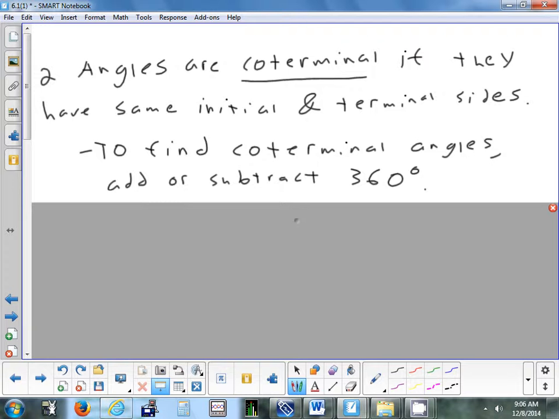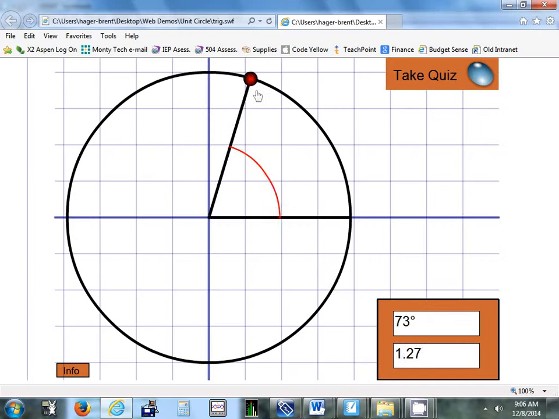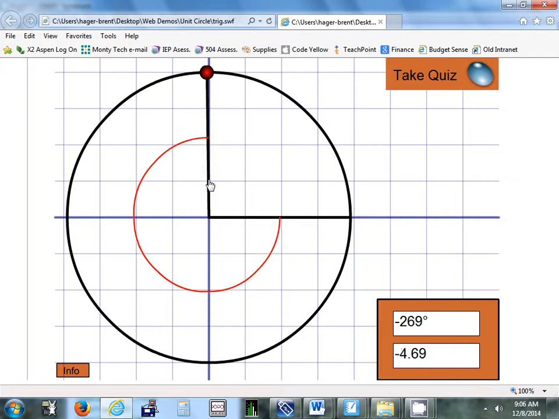Again, coterminal: angles that have the same initial and terminal sides. Let's just take a look. If we do it in the negative direction, we can see that that was the same as positive 90, or negative 270.